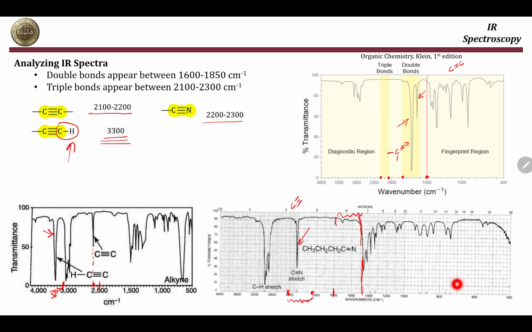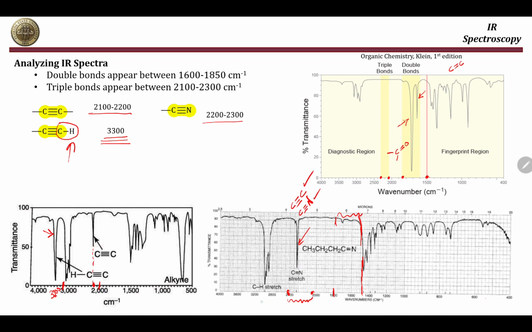Now usually it's hard to tell whether it is a CC triple bond or a CN triple bond, but there are other factors which may tell us whether it is this one or this one. But anyways, whenever you have a peak in this region, then there is a triple bond in your compound.